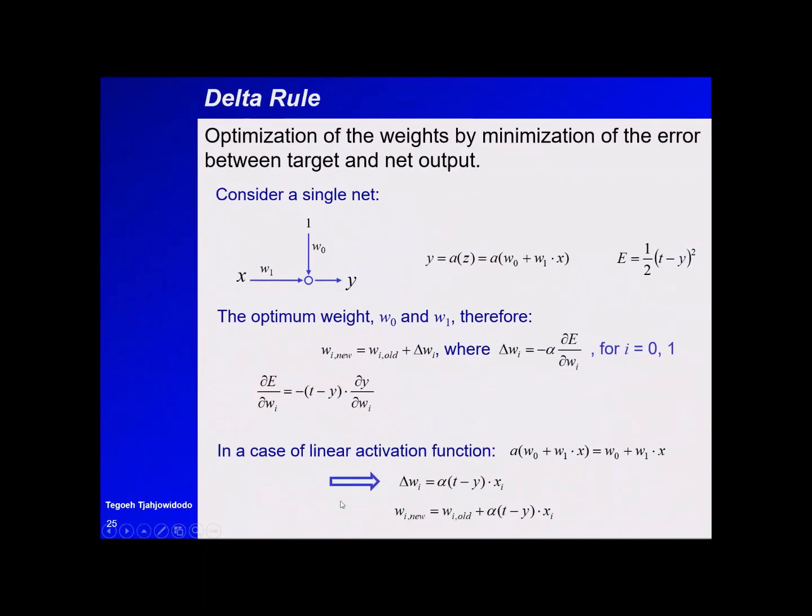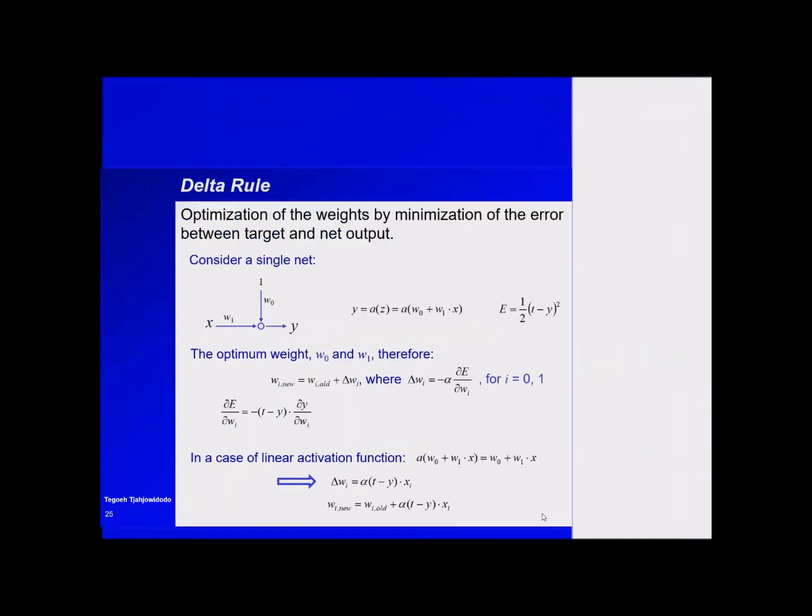If we just consider a linear activation function, we update the weightage by taking the old weightage plus this factor, which consists of the learning rate times the difference between the target and the output of the network times the corresponding input. So I will use this technique. I will consider a delta rule with a linear activation function here.